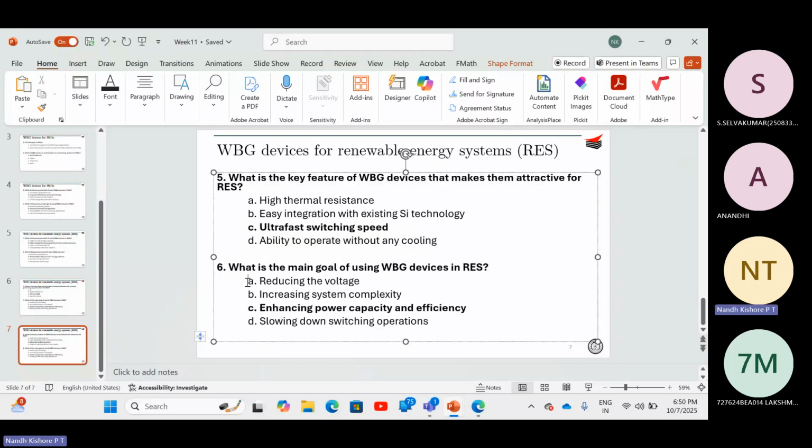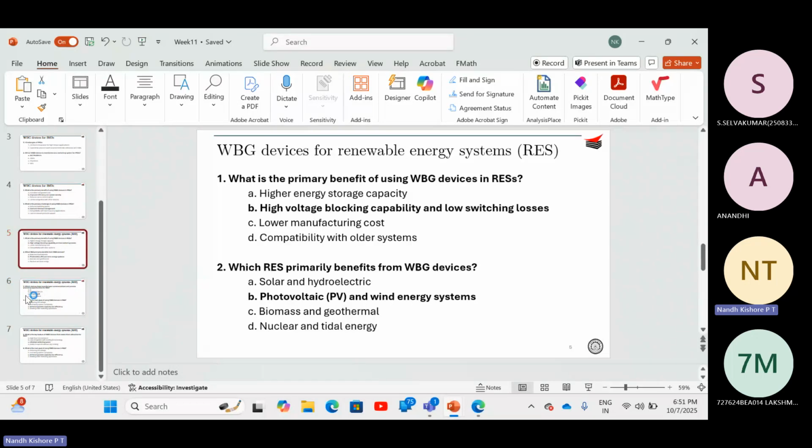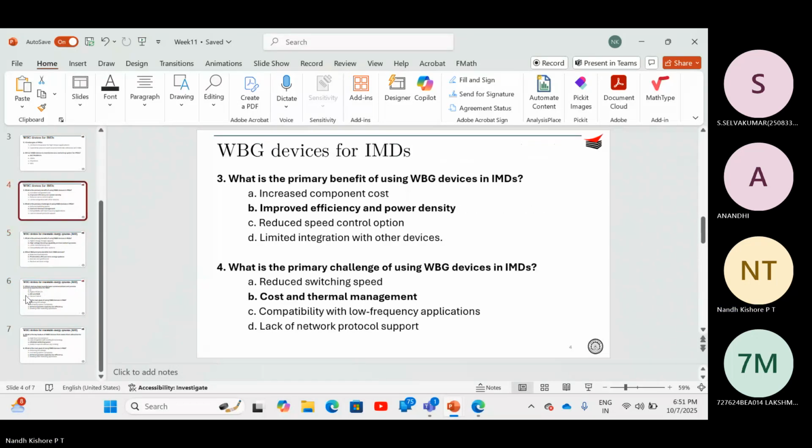So the next question, which I'm not typing, is what was the main challenge identified in using WBG devices in renewable energy systems? So the answer is again increased material cost and thermal management, right? So this is something we have seen earlier also. The primary challenge of using WBG devices is cost and thermal management.